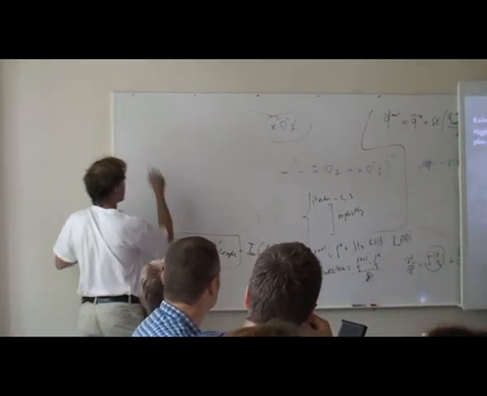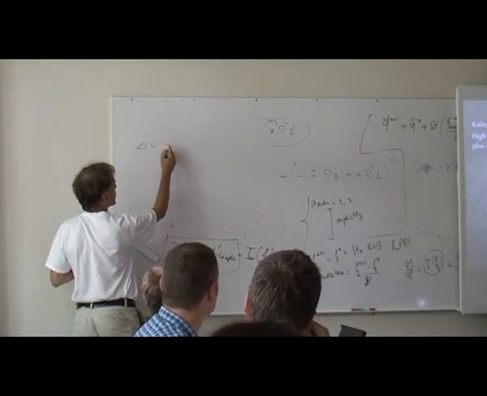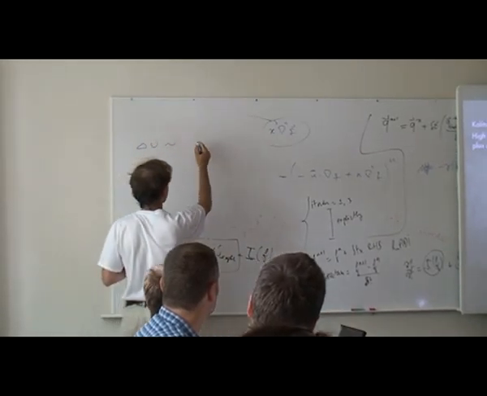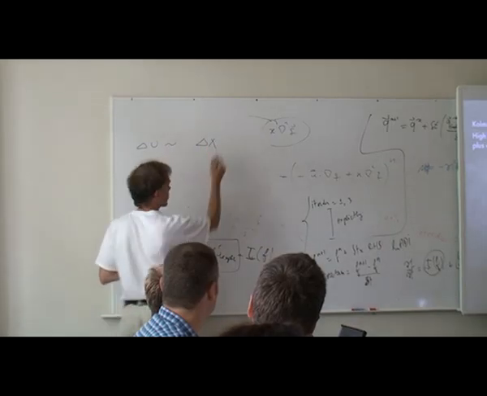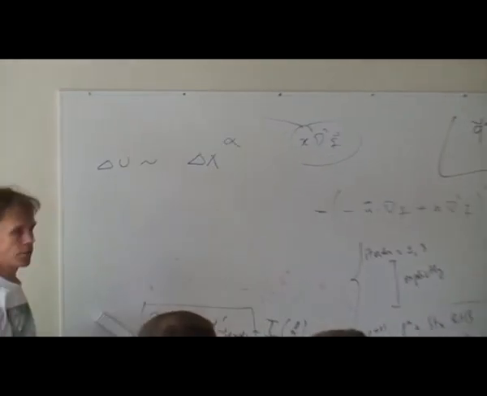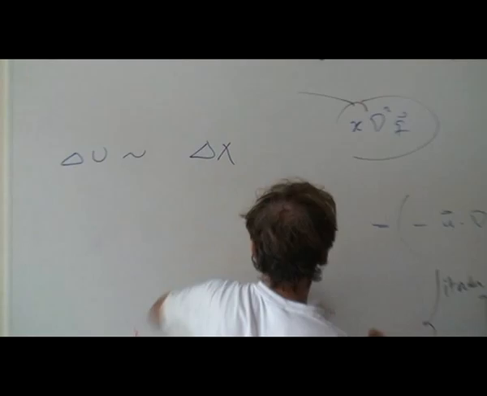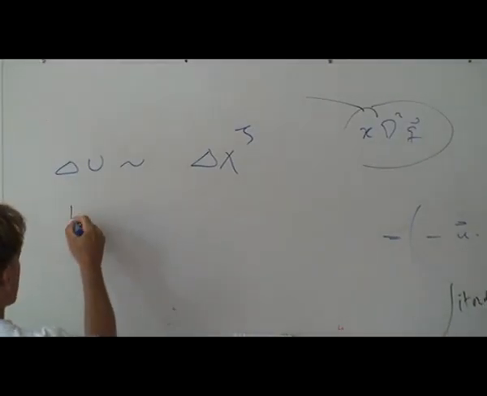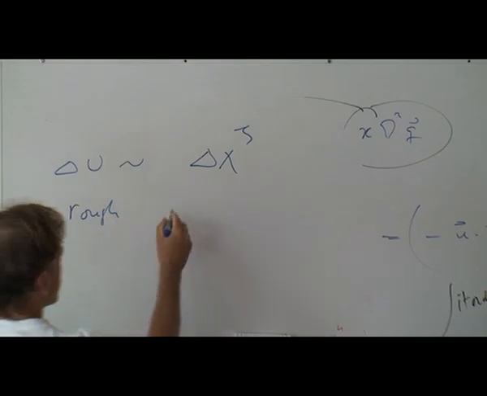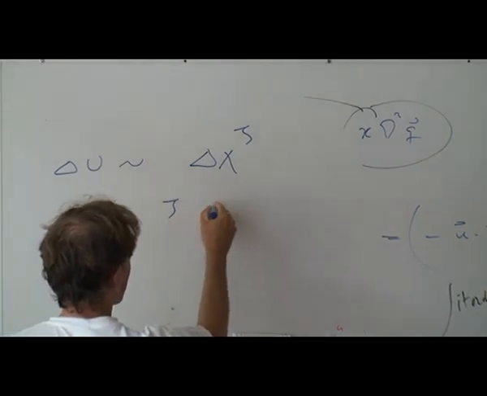First of all, the velocity difference is a critical thing that goes singular. So they go like the spatial separation to some power, alpha. Or in fluid dynamics, of course, we call it zeta. And rough now means that zeta is less than 1.